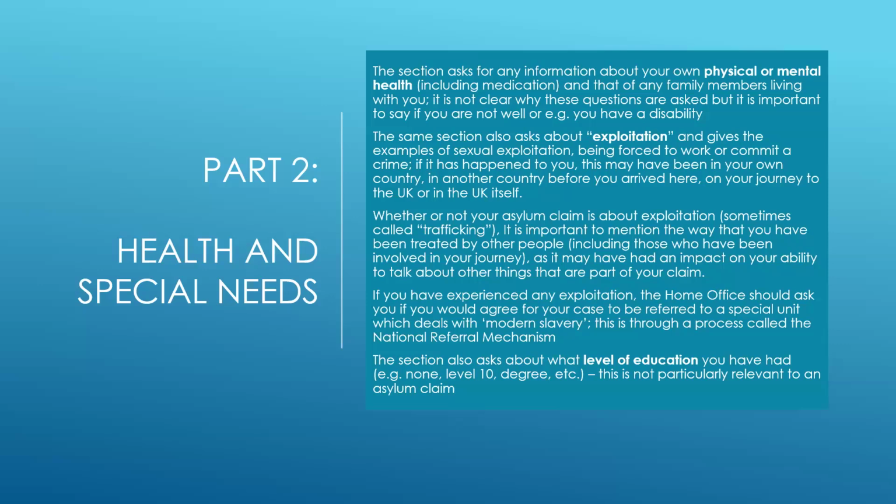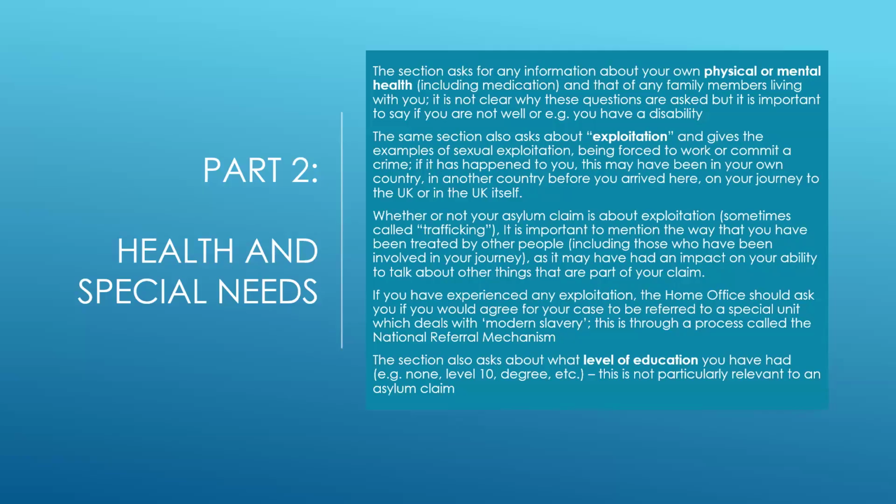Now, that same section also asks about exploitation and gives examples of sexual exploitation or being forced to work or commit a crime. Now, if this has happened to you, this may have been in your own country, in another country before you arrived here, or on your journey to the UK, or even in the UK itself, or it might be a combination of those.